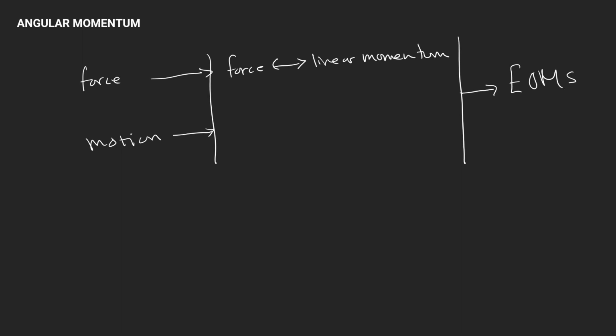And that relationship said that the force acting upon point P is equal to the derivative of linear momentum. And we ultimately wrote that in the following form: F is equal to ma.